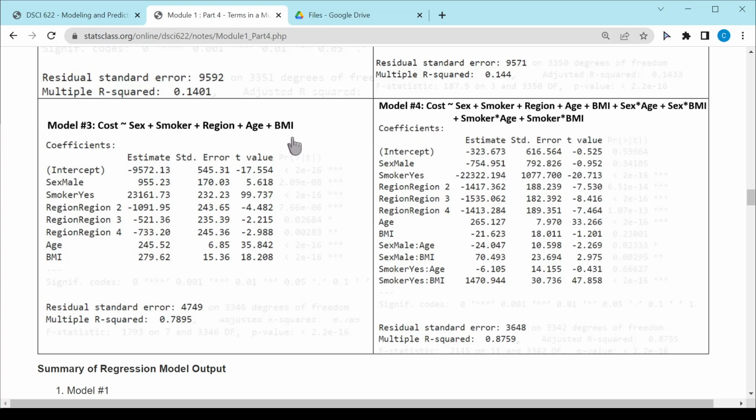Now, model number 4 is an extension of model number 3, where I just include these interaction terms again. The first set are going to be just like model number 3. Let's look at the effect of males when I'm talking about age. When I'm making a prediction, I need to take a patient's age and multiply it by the coefficient.